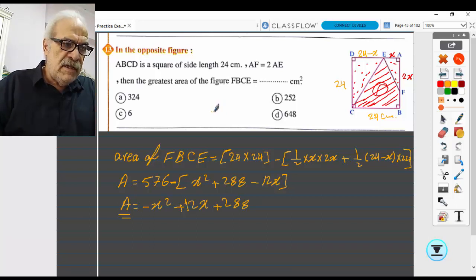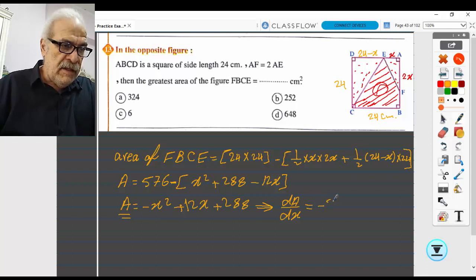To find the greatest area, we make the following steps. First, we will find the first derivative, dA/dx, the first derivative of the area. dA/dx equals negative 2x, the derivative of negative x squared is negative 2x, plus the derivative of 12x is 12.